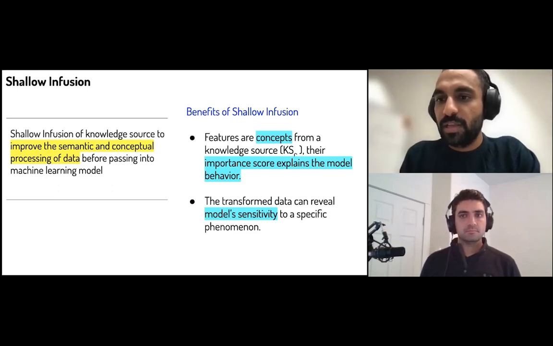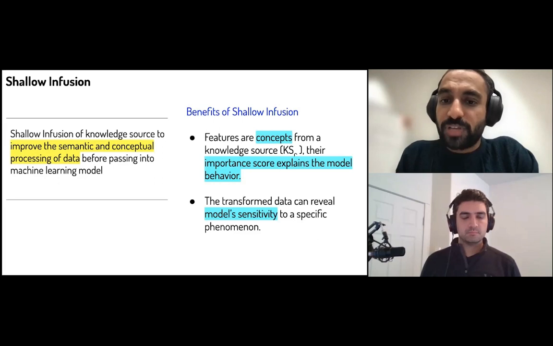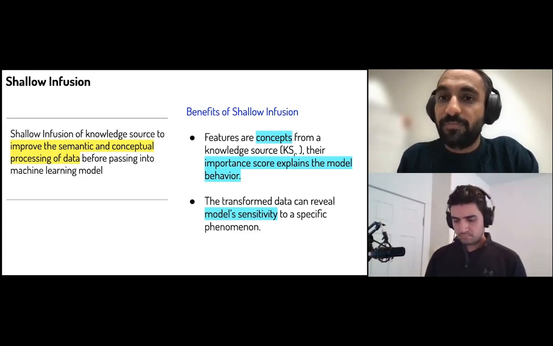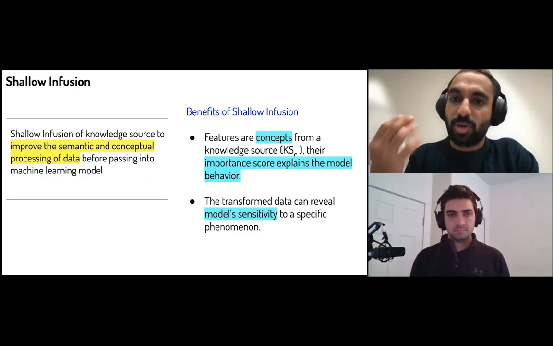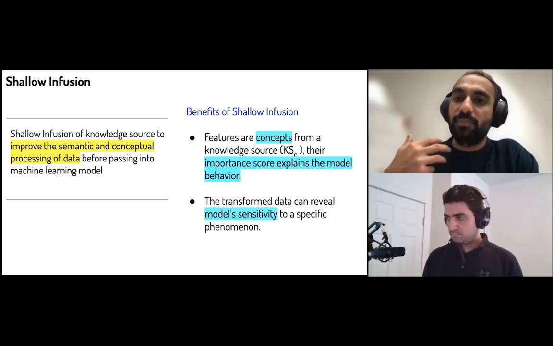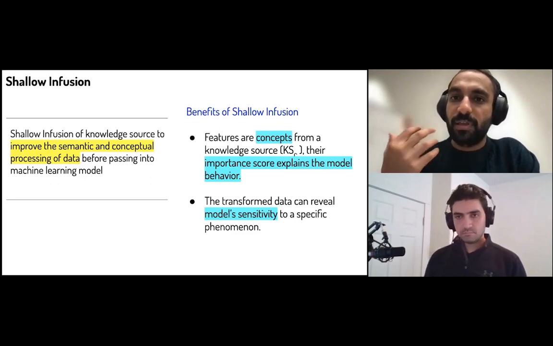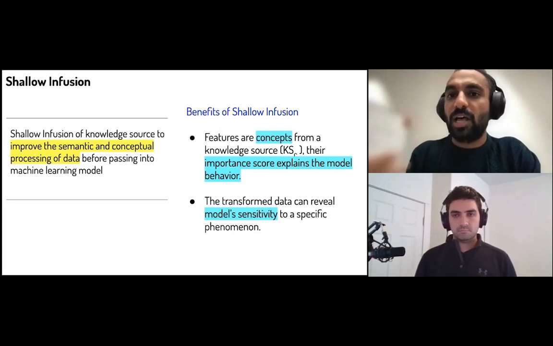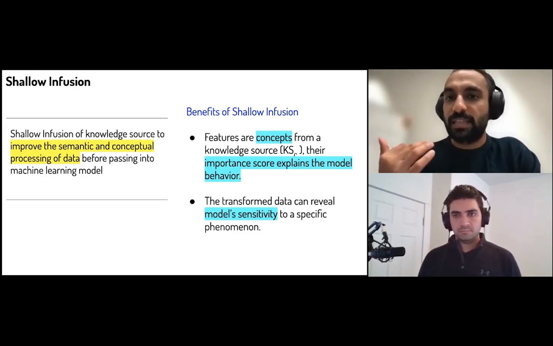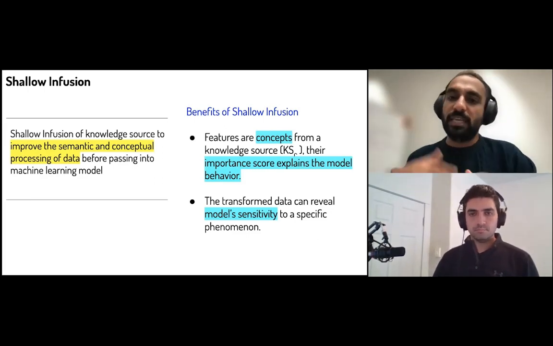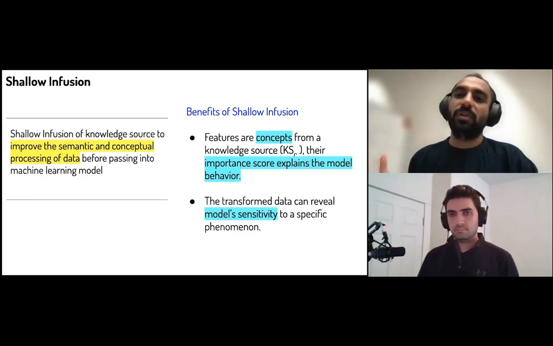Another point of shallow infusion is that it can reveal model sensitivity. For example, if a certain set of concepts that are contributing to the classification have very much codependency on a particular label as compared to other labels, that will actually be manifested in the model sensitivity. The model will keep on predicting one label and it will keep on ignoring the other labels.